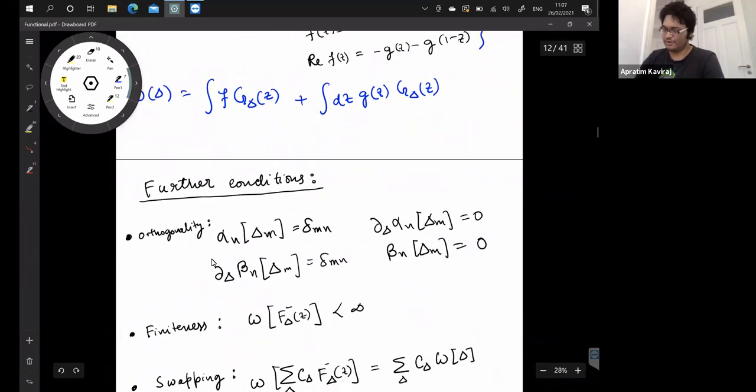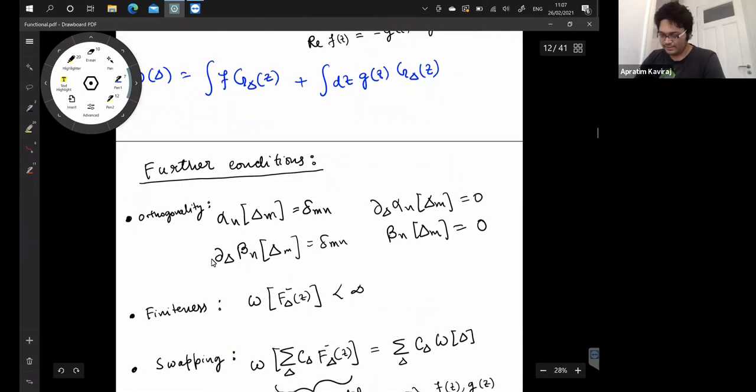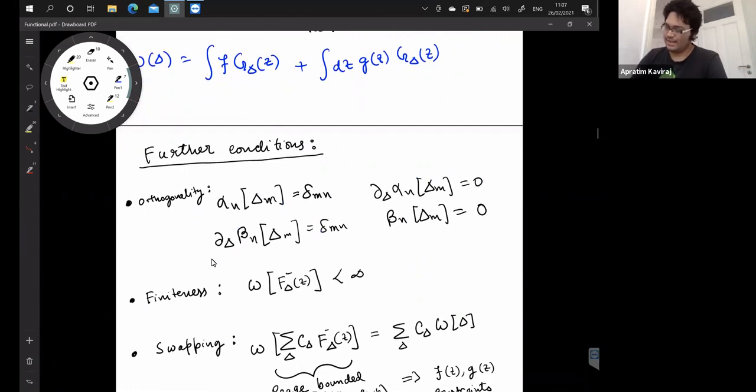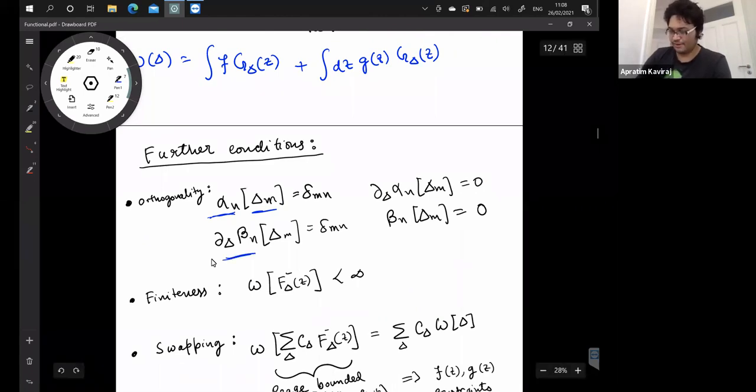And this is ensured by demanding further conditions of orthogonality, that says that a functional alpha n, the functional alpha also has an index n, if it acts on a bootstrap vector of double trace delta m, then it gives a Kronecker delta mn. And similarly, the betas give a Kronecker delta at the same position. The derivatives of alpha give a 0 and derivatives of beta give a 0 at the double trace operators.